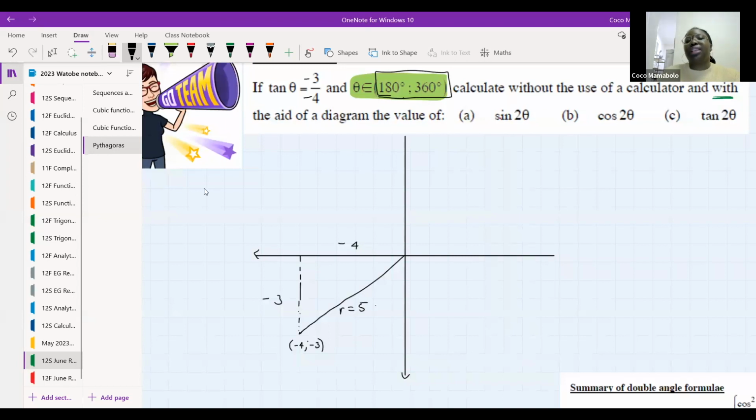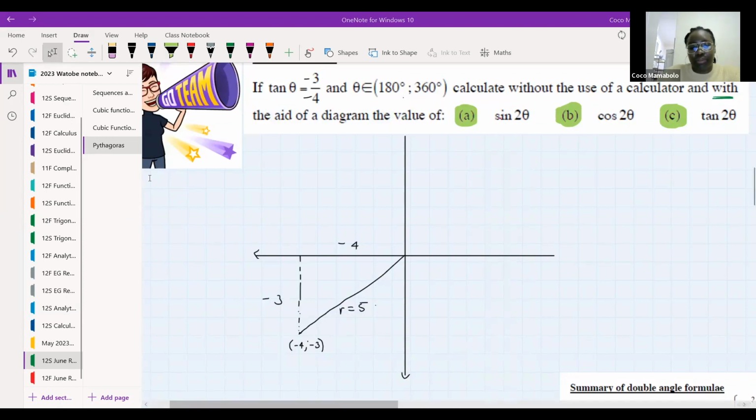Now we want to consider sine of 2 theta, cos of 2 theta, and tan of 2 theta. I'm going to give you guys about 5 minutes to go ahead and find me the answers for these 3. When you're done, you can pop your favorite emoji in the chat. Okay, 5 minutes, guys, go for it.